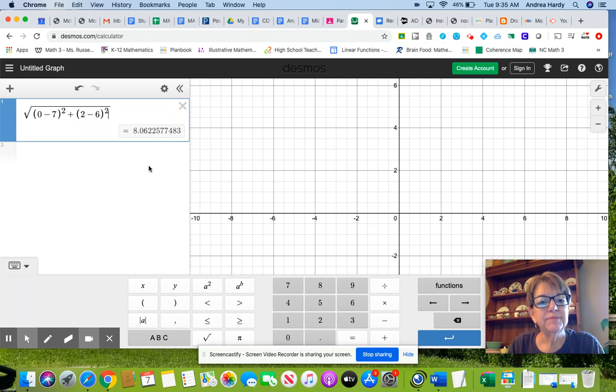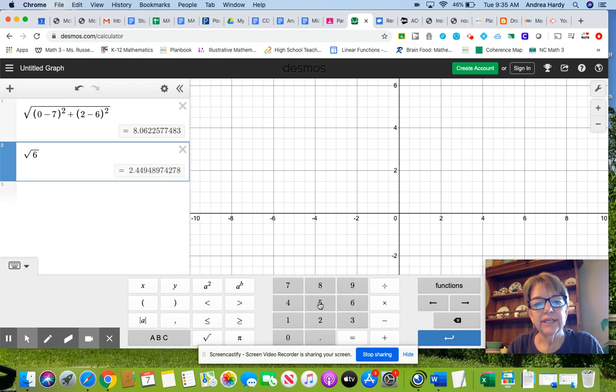And it gives me 8.06. Now down here, we said it was the square root of 65. Let's check it and see if it's right. 8.06. We get that. Okay?